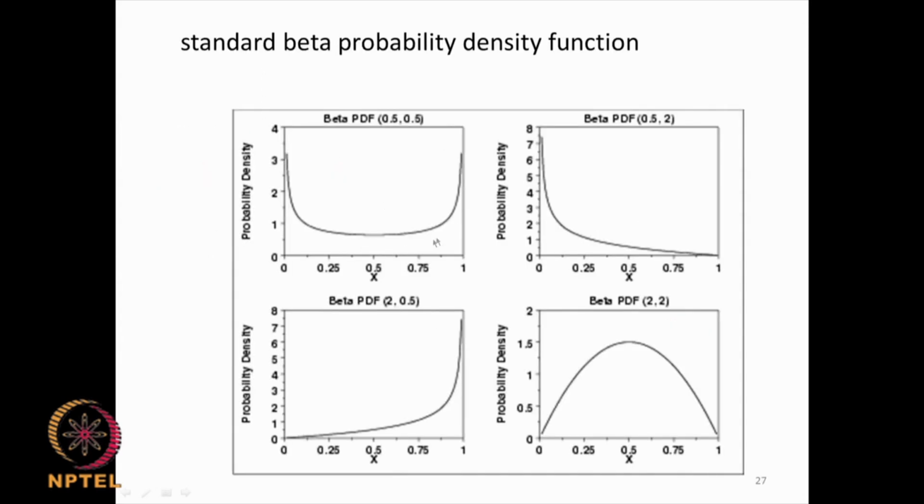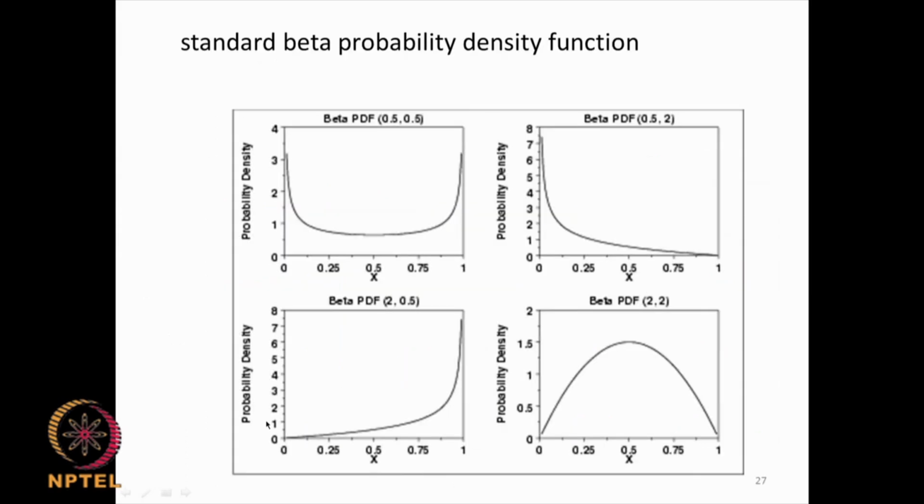For different values of alpha and beta, we can have different types of shapes, as you can see here: the beta distribution with alpha of 0.5 and beta of 0.5, the probability density function with alpha of 0.5 and beta of 2. If you have both 2 and 2, you get this, and if you have 2 and 0.5, you get this.